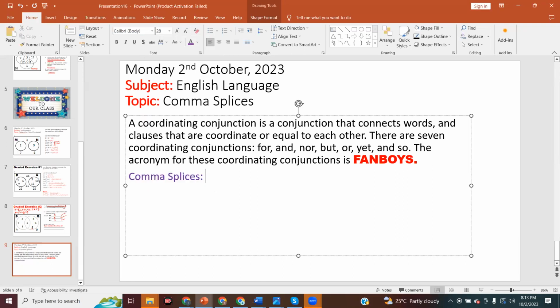So what are comma splices? Yes, it's a grammatical error.